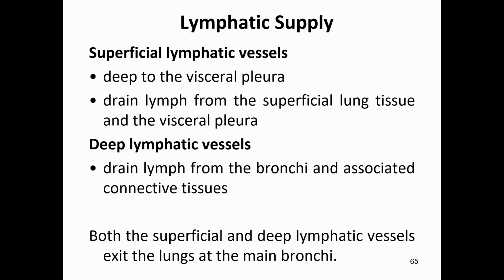They drain lymph from the superficial lung tissue and the visceral pleura, and deep lymphatic vessels drain lymph from the bronchi and associated connective tissues. Both the superficial and deep lymphatic vessels exit the lungs at the main bronchi.